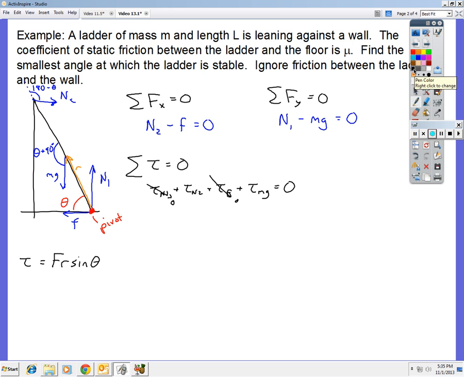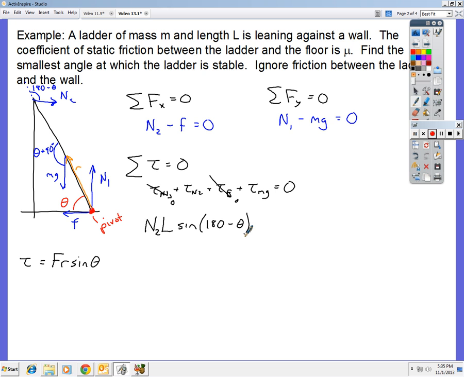And let's start with the torque due to N2. Well, torque due to N2 is the force N2 times the distance from the pivot, which is the length of the ladder L, times the sine of that angle, 180 degrees minus theta.